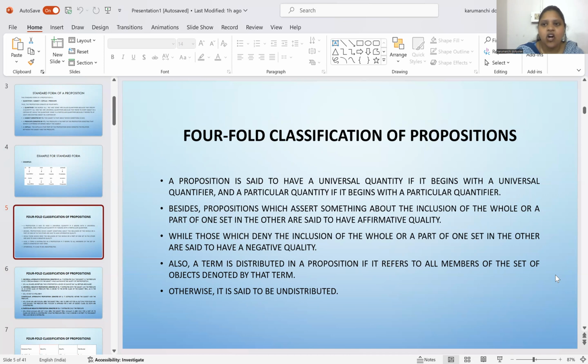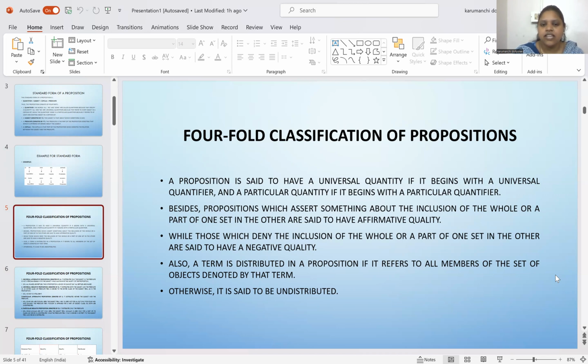So we all know the quantifier is the word that we use before a sentence: all, some, no, none, all these are quantifiers, right? Propositions which assert the inclusion of the whole or a part of one set in the other are said to have affirmative quality, while those which deny the inclusion of the whole or a part of one set in the other are said to have negative quality.